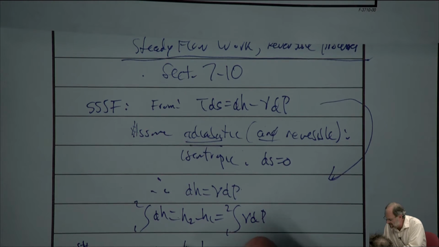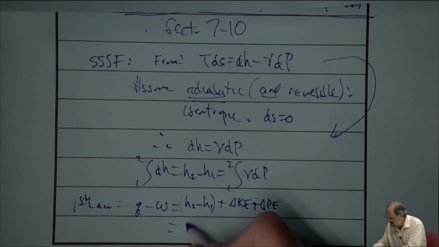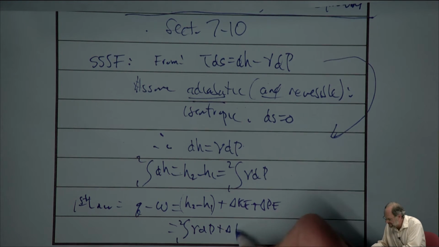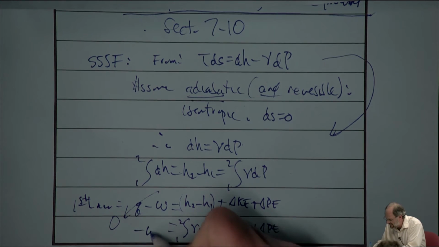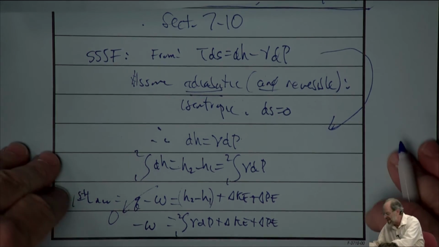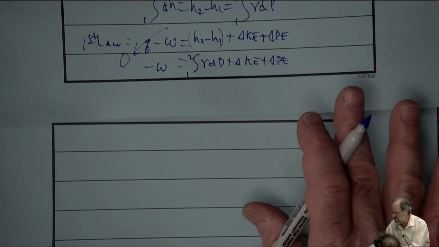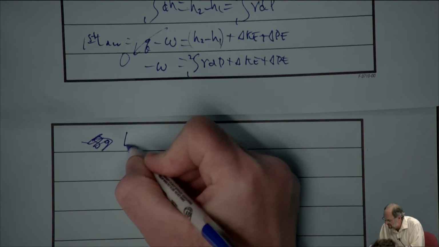This equals the enthalpy change, plus the kinetic and potential energy changes. Here we would just note that the enthalpy change is the integral of VdP from 1 to 2. I'll also note that since it's adiabatic, Q equals 0. So we basically end up with this form of the first law. And I want to note that we're only going to be using this particular relationship for an even further special case, which is for liquid flow.